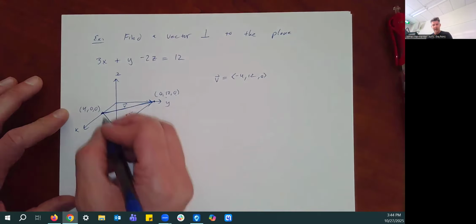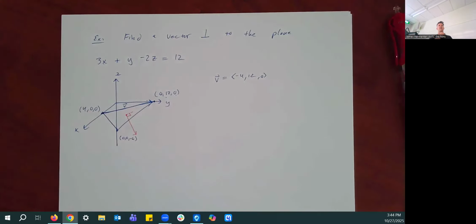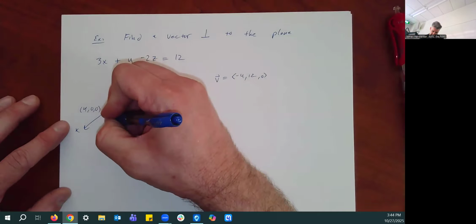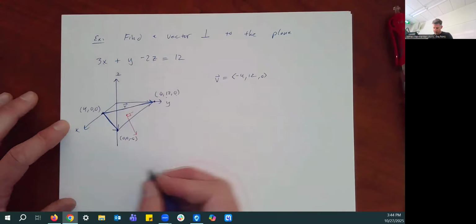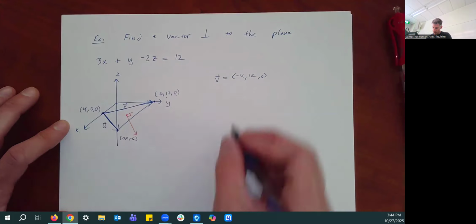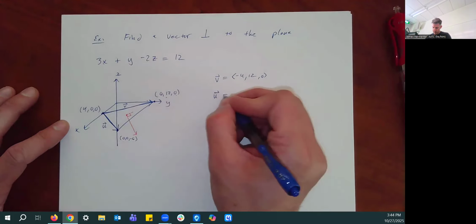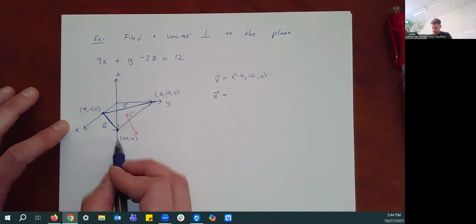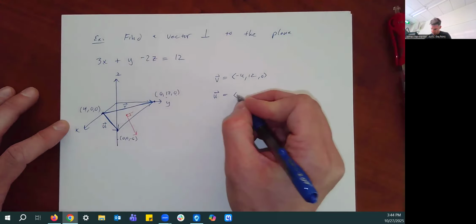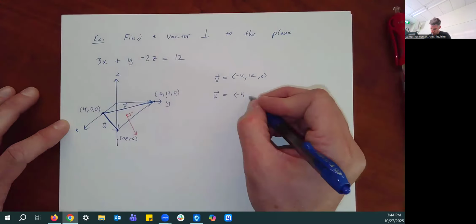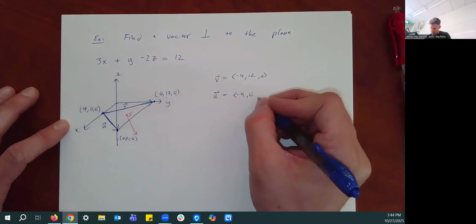It is a good idea, although not absolutely necessary, to pick the other vector emanating from the same point. So let's call that vector u, and u is going to equal, from there to there, (0 minus 4, 0 minus 0, -6 minus 0).